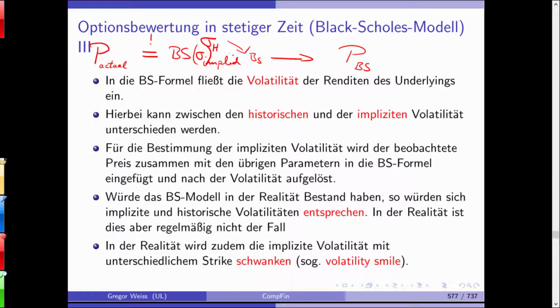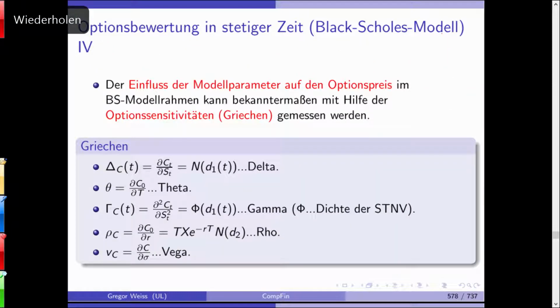What one can see is usually that the implied volatility varies with different strikes, and it looks like this. And this is the famous volatility smile. It looks like a smiling face. And this is the fact that empirically the implied volatility varies with different strikes.